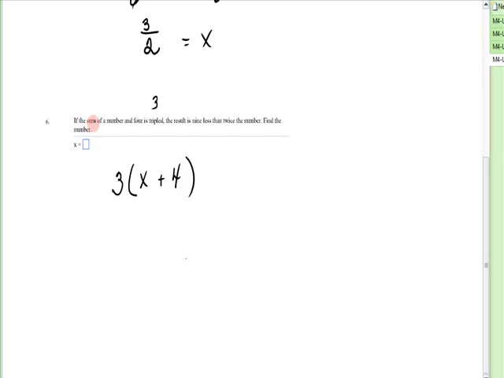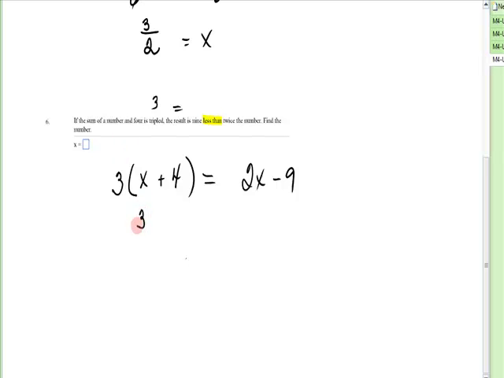But the sum is tripled, and we know tripled means multiplied by 3. If you multiply a sum, you have to have parentheses. The result is 9 less than, oh, that's that other reversing phrase. It is 9 less than, so the 9's going to get subtracted from twice the number. So there were some kinks in that translation.